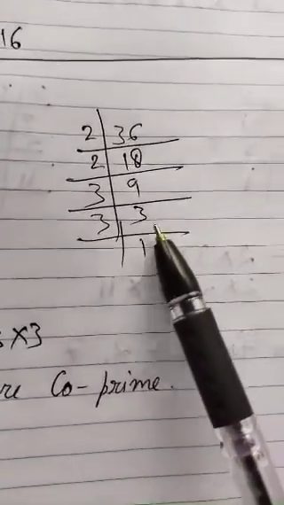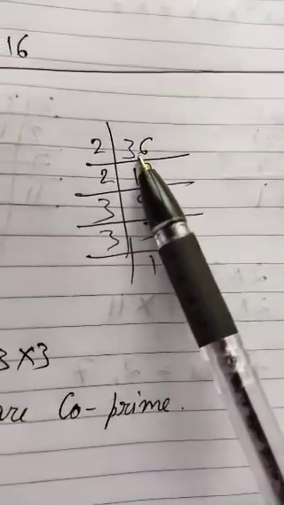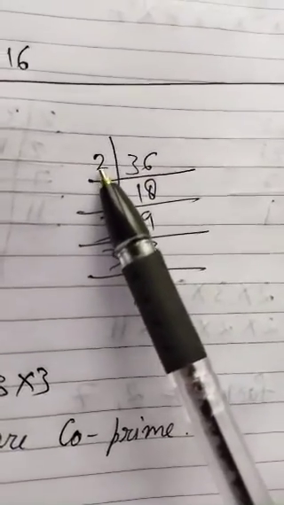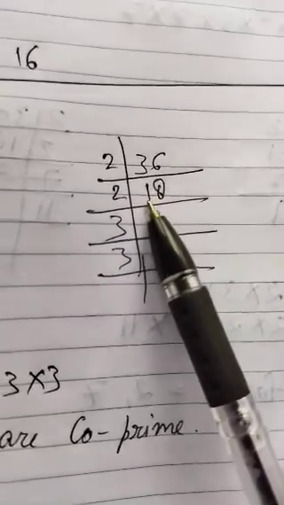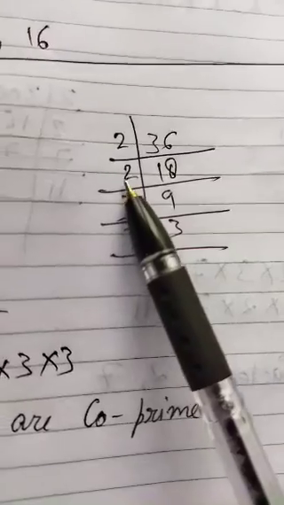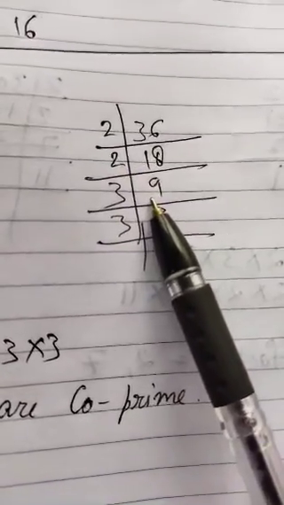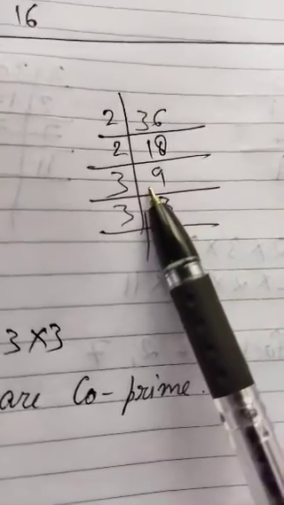Similarly, we will factor the next number, that is 36. 36 is coming in the table of 2. So we will divide by 2 and the answer will be 18. Now 18 is also coming in the table of 2. So we will write 2 here. And after dividing we will get 9. Now 9 is not coming in the table of 2. Then we will see the next number.